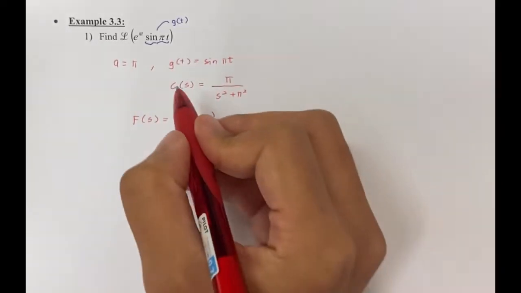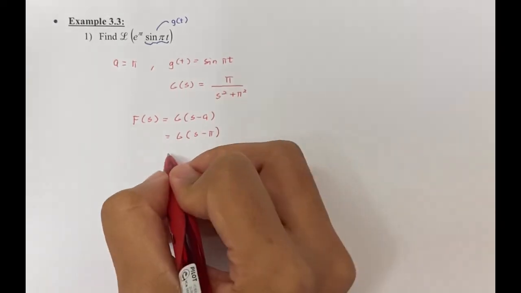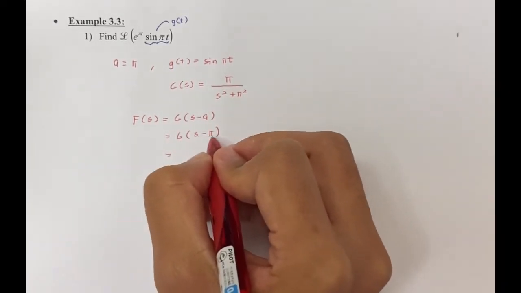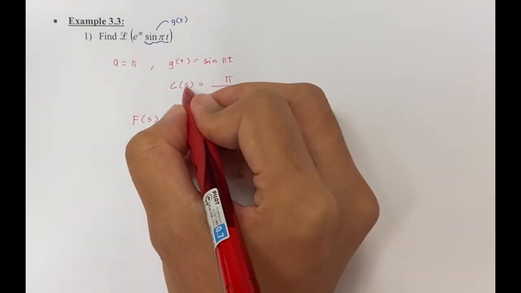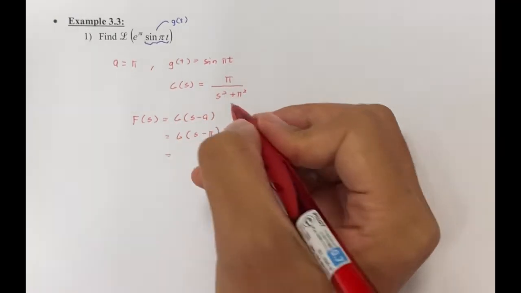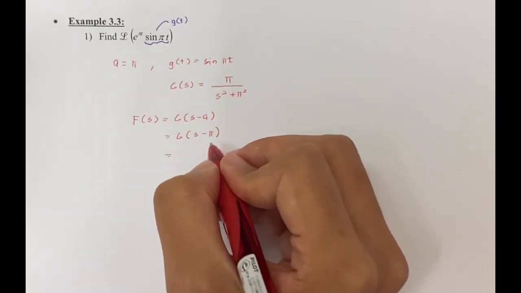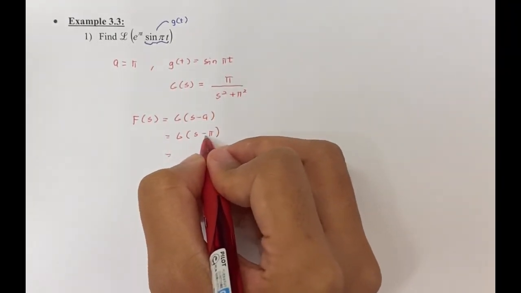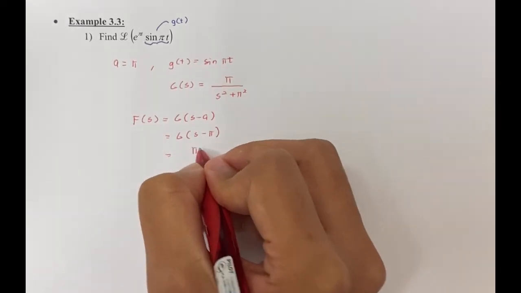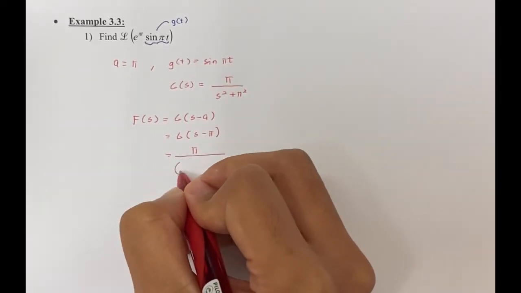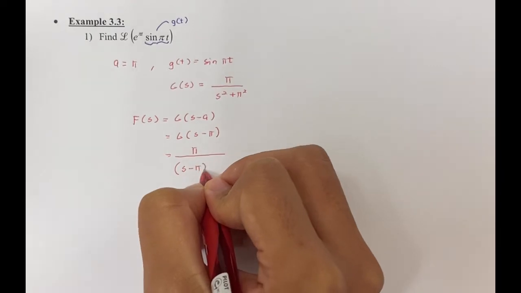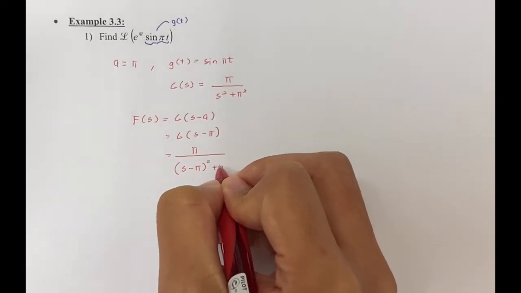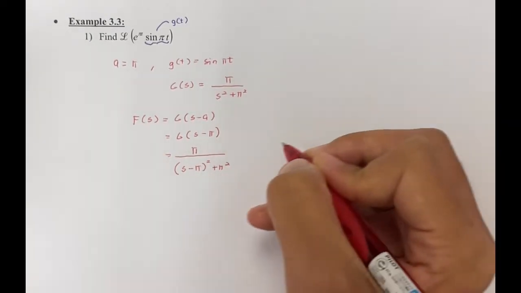Okay. You have G(s), and then you need to find what is G(s minus pi). It means every s in G(s) needs to be substituted by s minus pi. So G(s minus pi) is equal to pi divided by (s minus pi) squared plus pi squared.